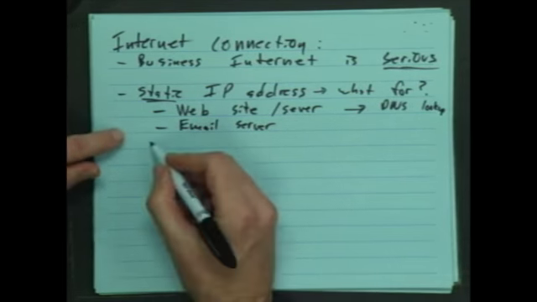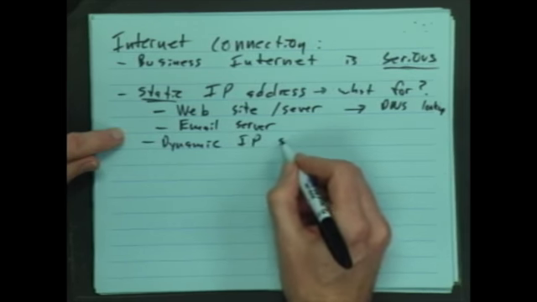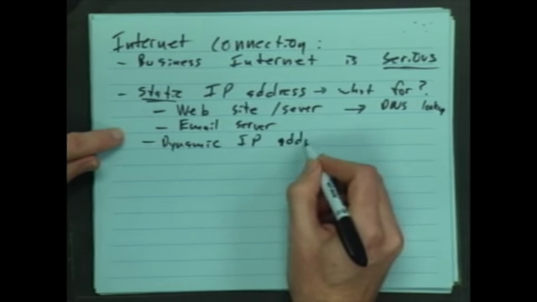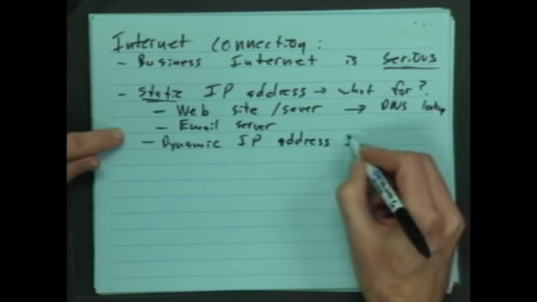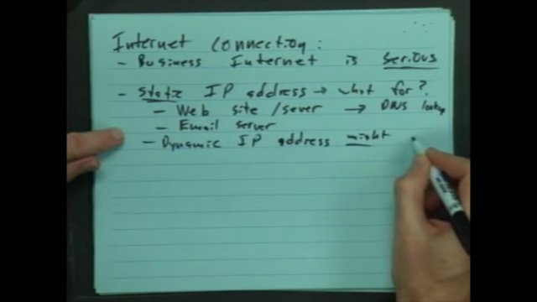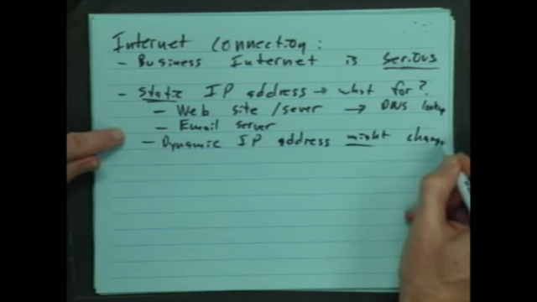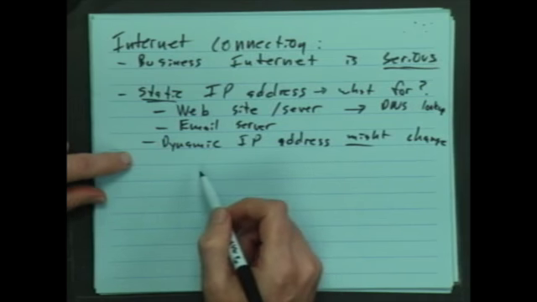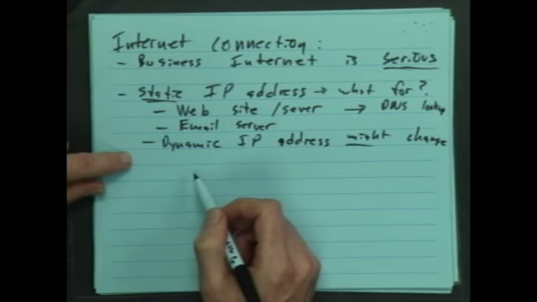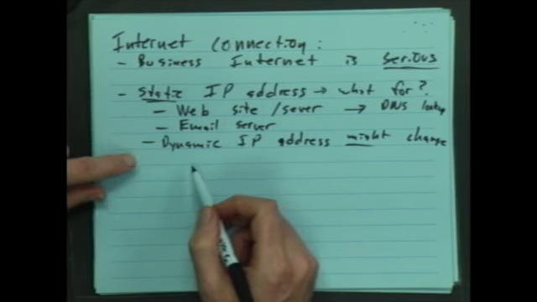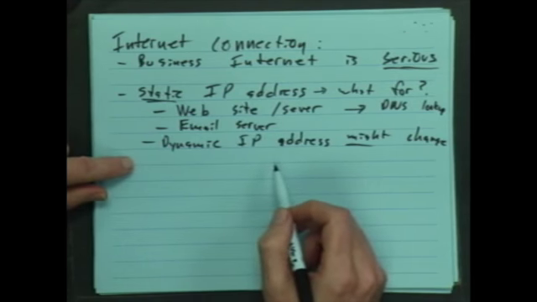All right, and just to note here, what's a dynamic IP address? What does that mean? This one, it might change. I will just note that. So for example, on Cox, I have a cable modem and I have my router connected to it. I pretty much keep the same IP address all the time.